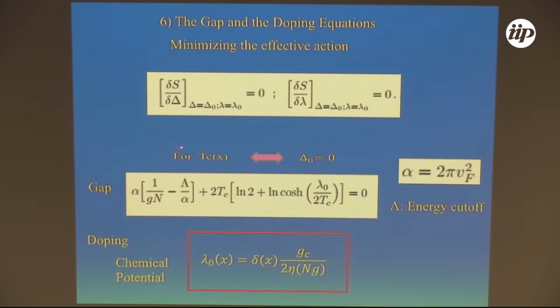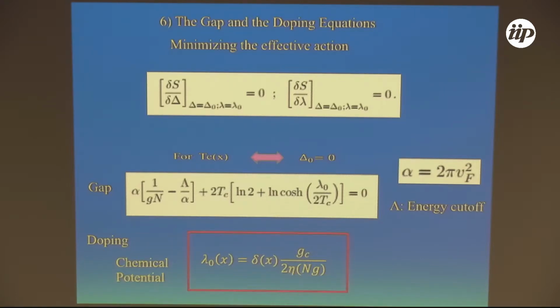So in order to obtain this, and in order to obtain Tc of x, I impose delta is equal to 0, because delta equal to 0 is the threshold condition for the superconducting phase.